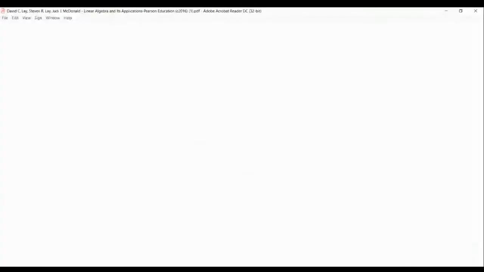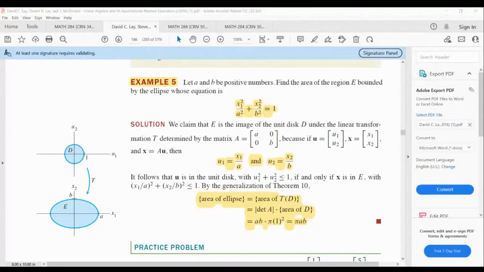The area of the ellipse is equal to the area of the transformation of region D, and that would be the absolute value of the determinant of A times the area of D. Well, the determinant of A is just A times B, and the area of that circular region D is pi r squared. The radius is 1, so that's pi times 1 squared, and you get pi times AB. So you can see the theorem has its uses. It's actually tremendously powerful.